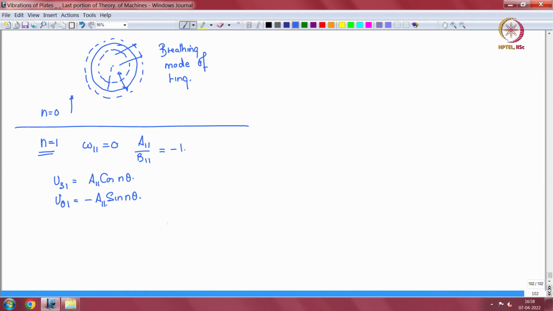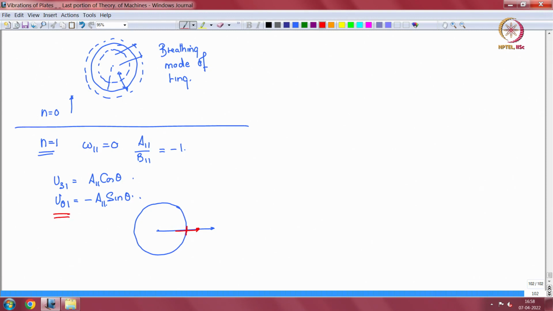So what sort of movement is this? So this is my ring, and we will measure theta from here. So n is 1. So this is a cos theta and a sin theta. At theta equal to 0, I get a radial movement here, but no torsion.